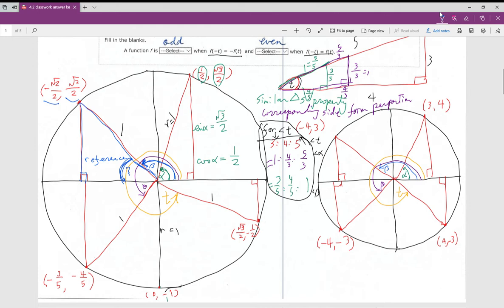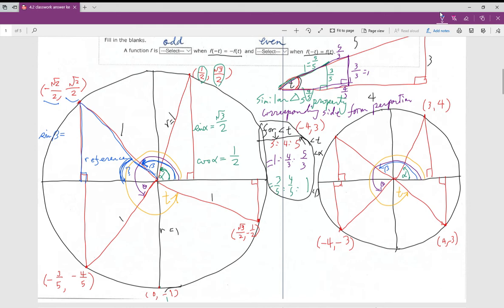Now, when you want to find sine beta, I need to change color. Yeah, this color.